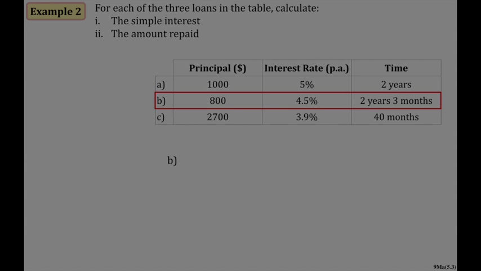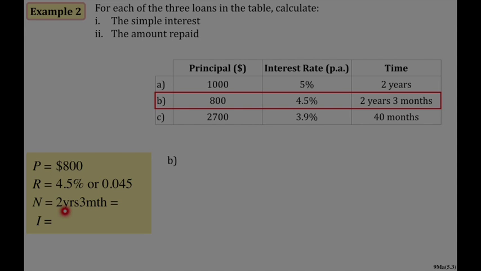In part B, we've got a principal of $800, an interest rate of 4.5%, but the years is a bit different because it's 2 years and 3 months. So we know the principal is $800, we know the rate is 4.5%, but the time is 2 years and 3 months. How do I write that? I don't want to write it with months involved.